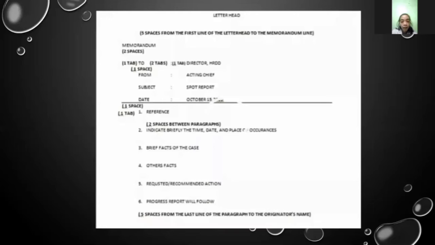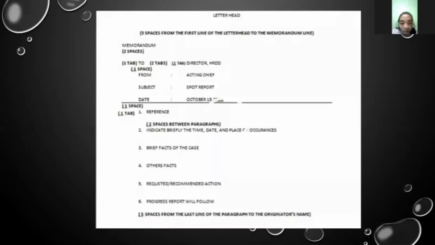Brief facts of the case, yung pinaka nilalaman ng sulat mo. Other facts, kung ano pa yung gusto mong ilagay sa nilalaman ng body ng letter mo.